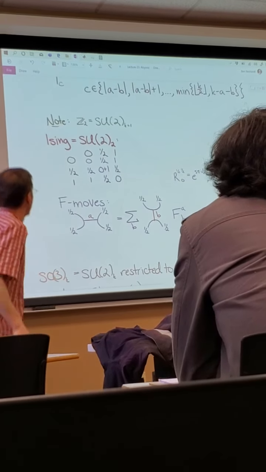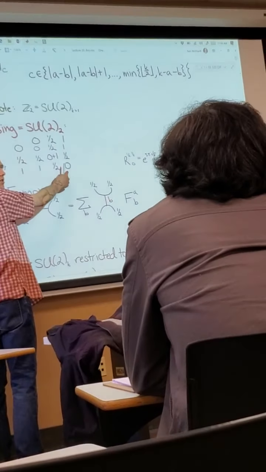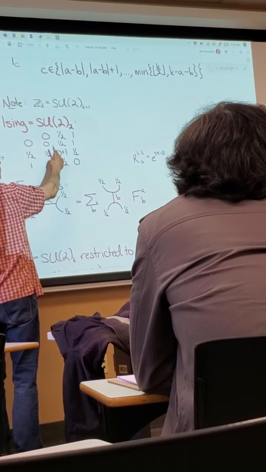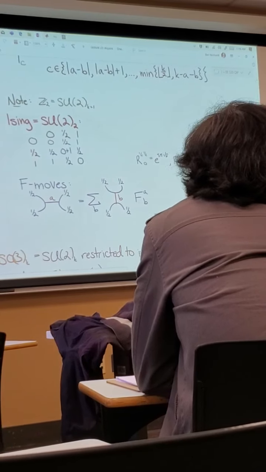Oh, so this is, I had the Ising model here. So in the Ising model, 1 cross 1 is equal to 0, not 0 plus 1. But everything else is the same. So 1/2 times 1/2 would be 0 or 1. So this is a very interesting model.